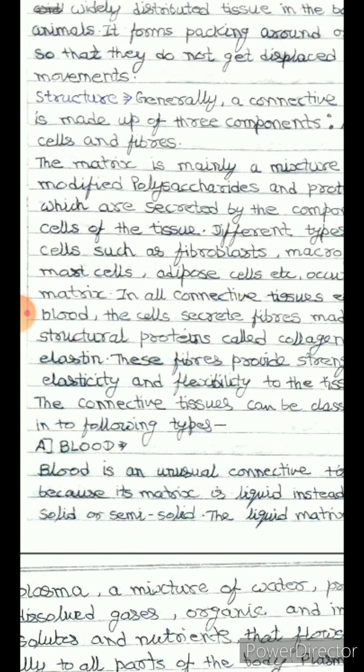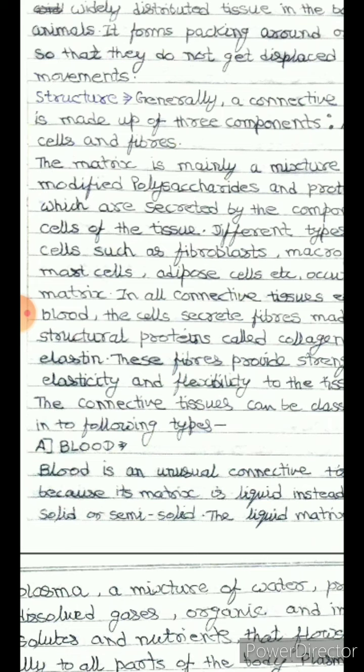Blood. Blood is an unusual connective tissue because its matrix is liquid instead of solid or semi-solid.